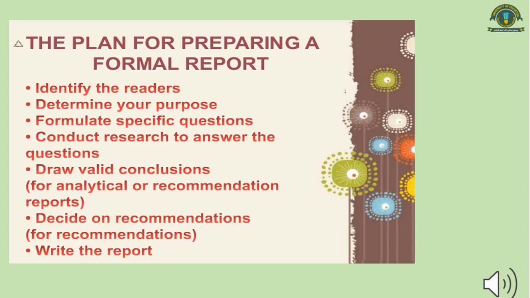The second is the purpose, which defines what the project or study is to achieve, who authorized it, and the specific terms of reference. The third is the scope, which outlines any limitations imposed on the project, such as cost, time, etc.